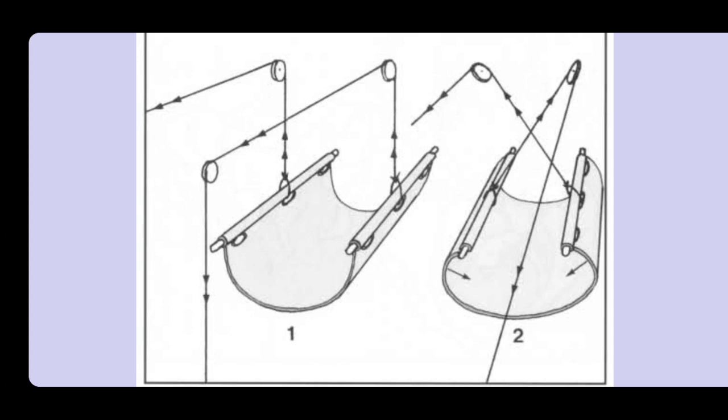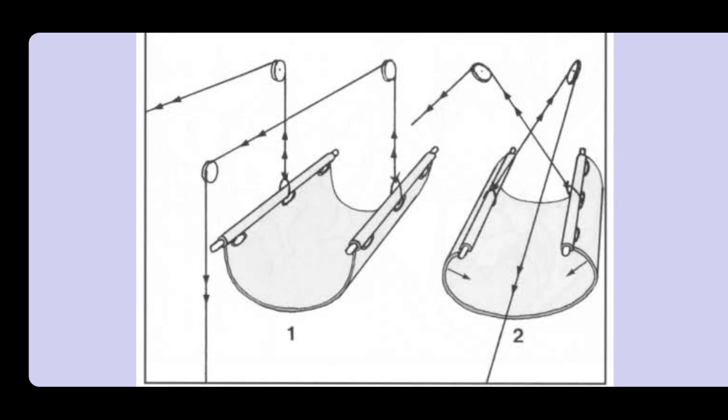We use two Balkan beams on both sides, and we should take X-rays and check the position of the bone fragments. Usually we are able to reduce these, but if not, we can cross our ropes or increase the weight. We treat these injuries for a long period, at least up to 6 weeks, and weight bearing is allowed only after 8 weeks.